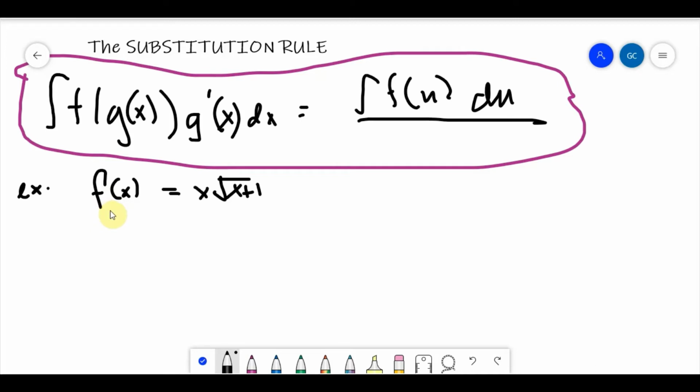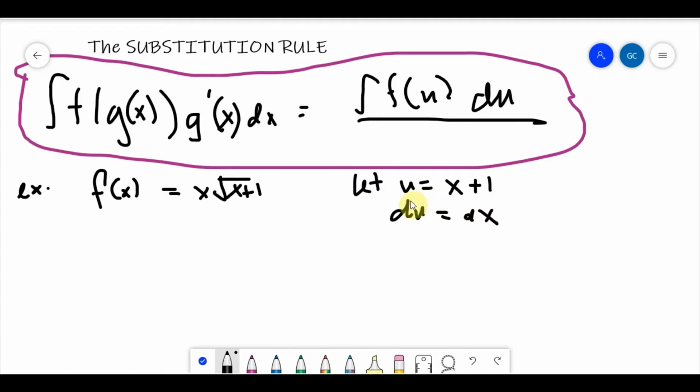What if I have the integral of x plus 1? Now, because this is a substitution rule, we let u equal x plus 1, and our du would be dx.